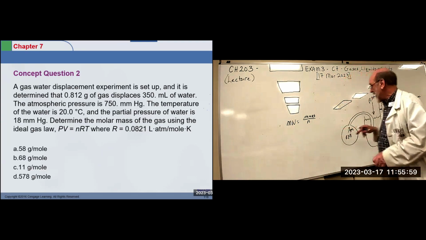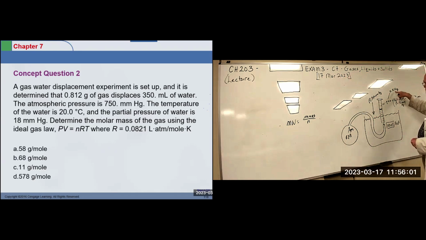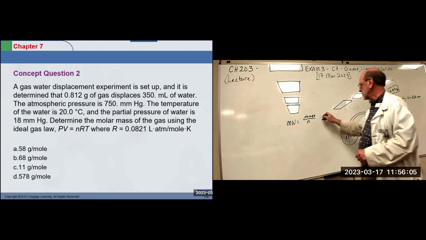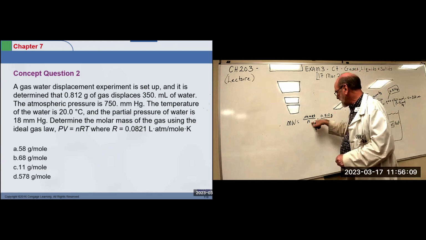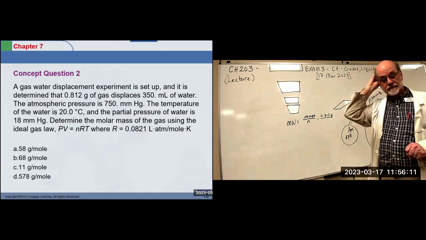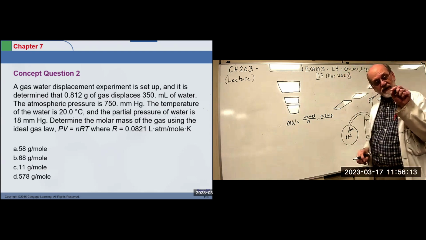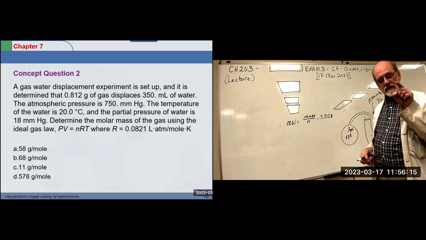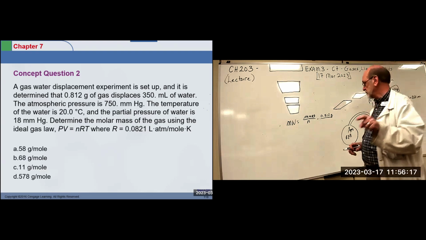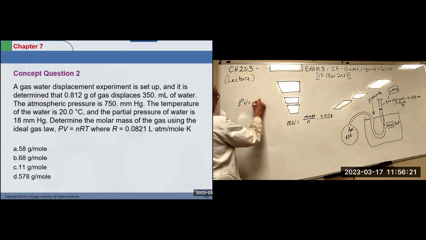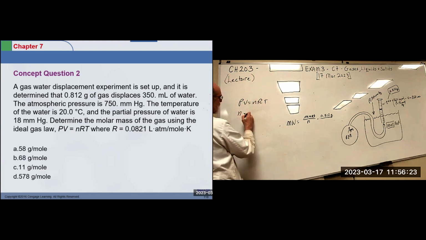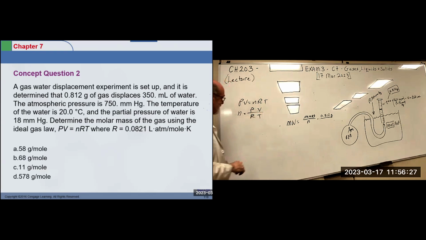So we got the mass already right here, 0.812 grams. What we need is the number of moles, right? So that's why they said use the ideal gas equation, right? PV equals nRT, so n equals PV over RT, right?